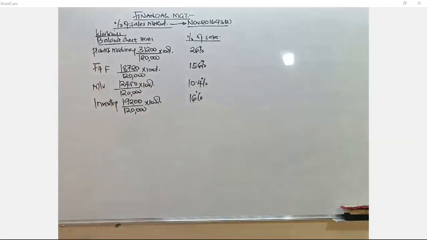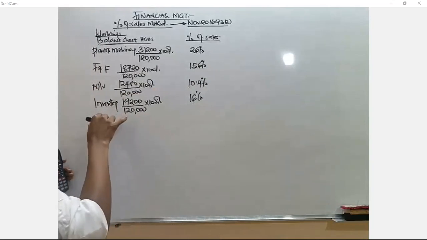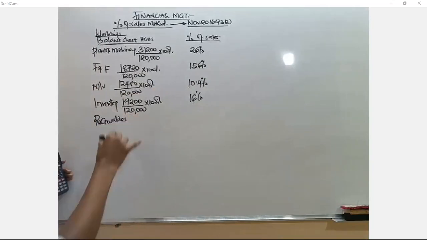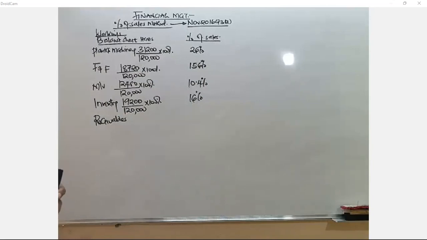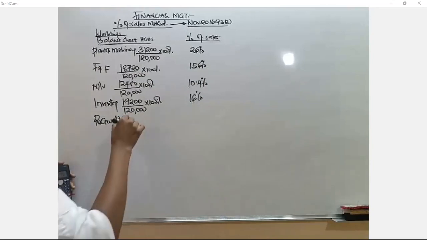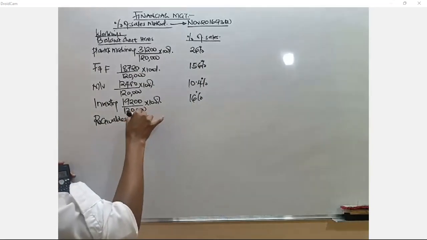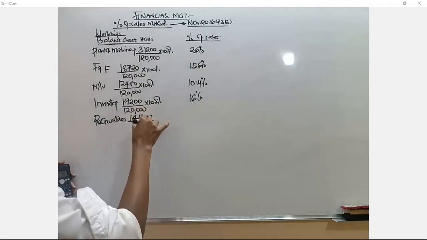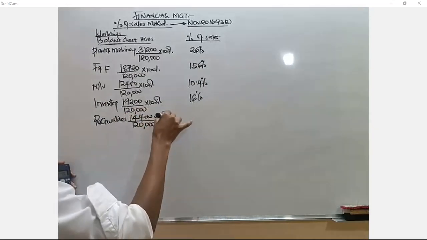After the inventory, we have account receivables. Our receivables amount to 14,400, divided by 120,000 multiplied by 100%.